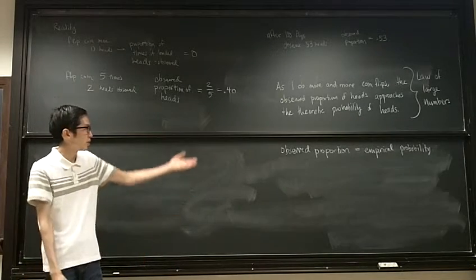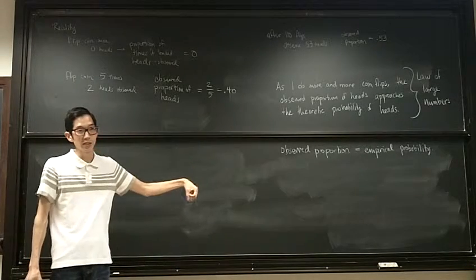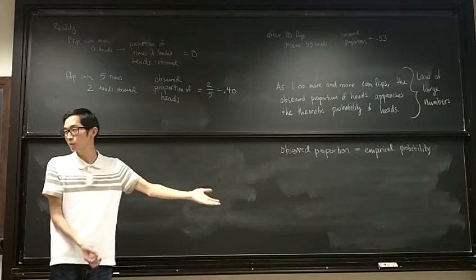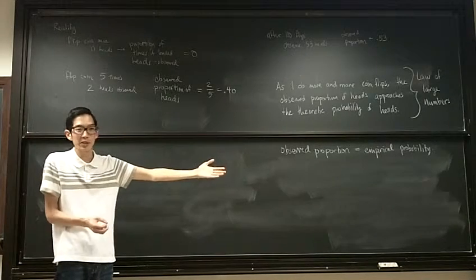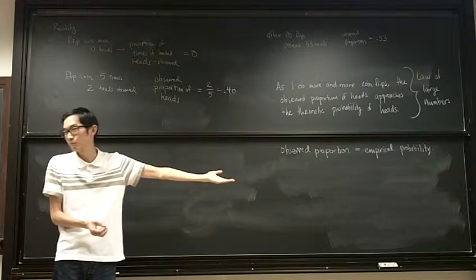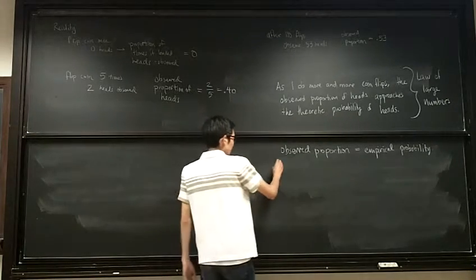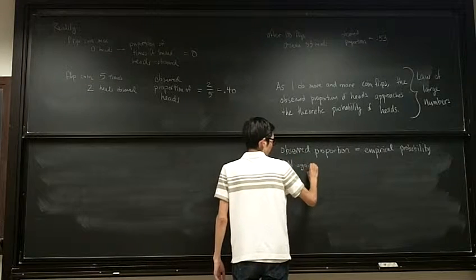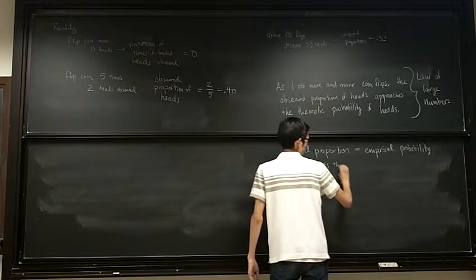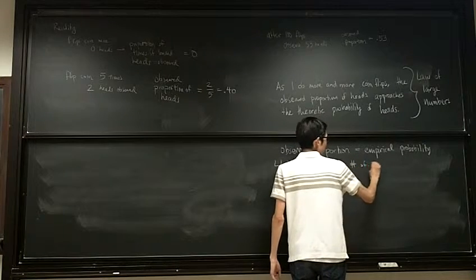And so another way of stating the law of large numbers is that as we increase the number of trials of a random experiment, the empirical probability approaches the theoretic probability. Okay, so outline law of large numbers again. Number of trials increase.